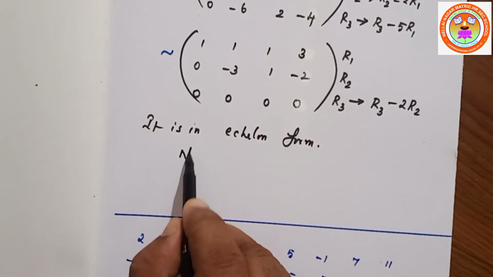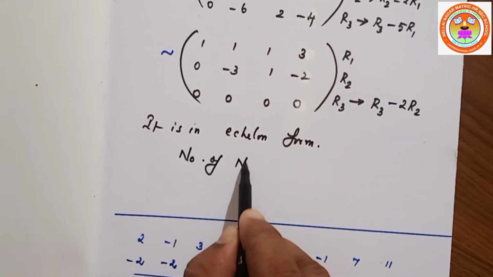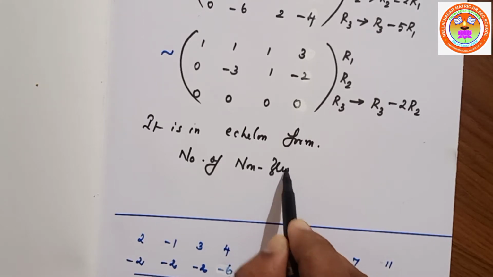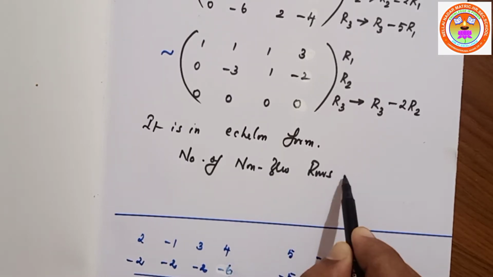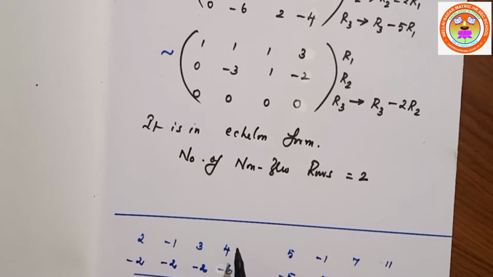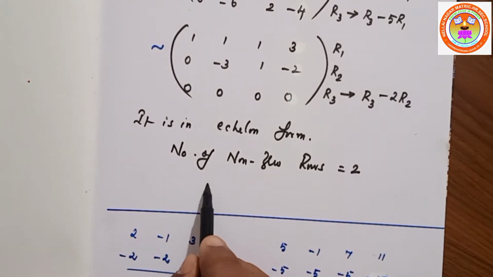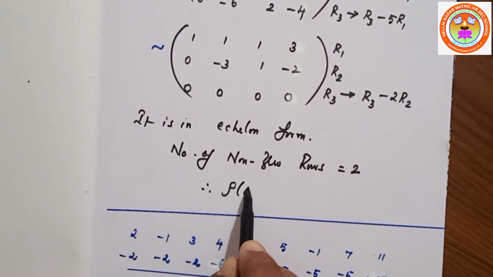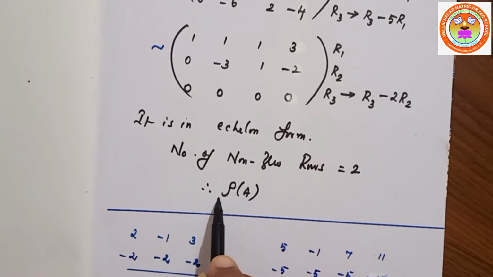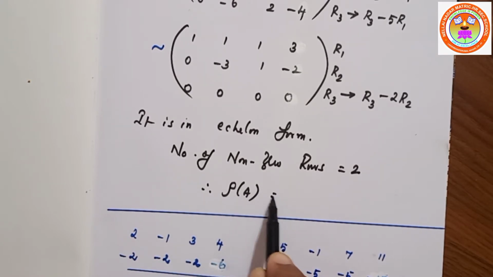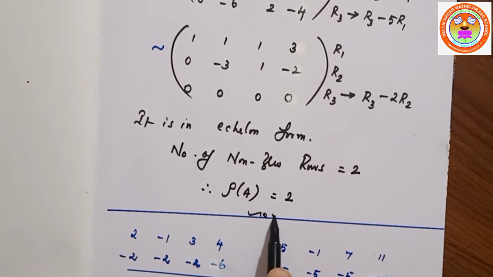Number of non-zero rows is equal to 2. Therefore rank of A is equal to 2. So problem number 2, subdivision 1 is completed.